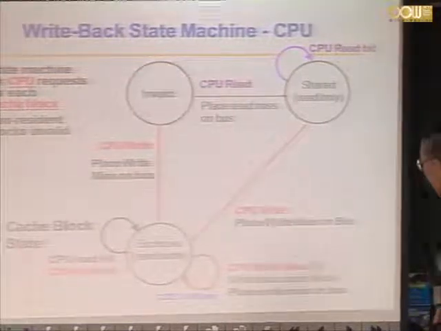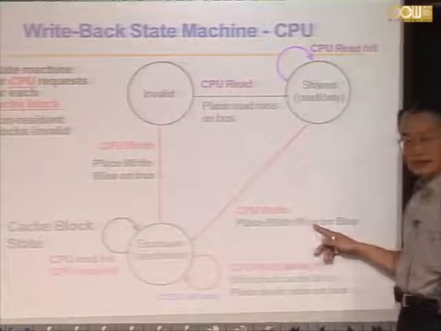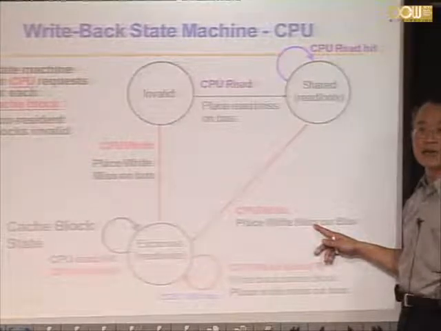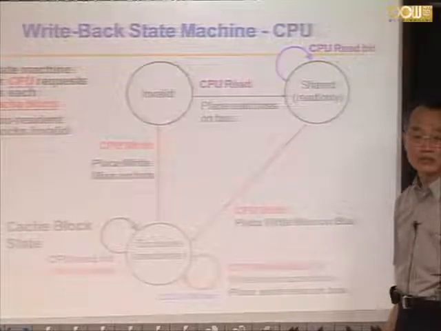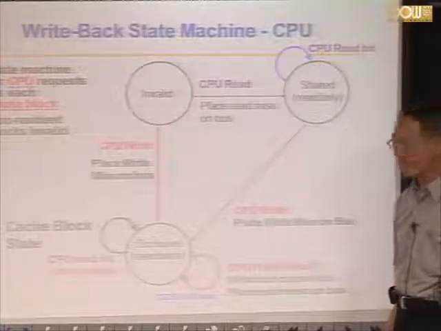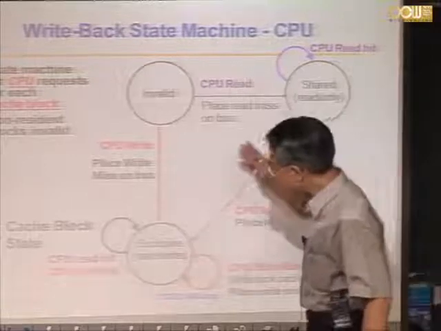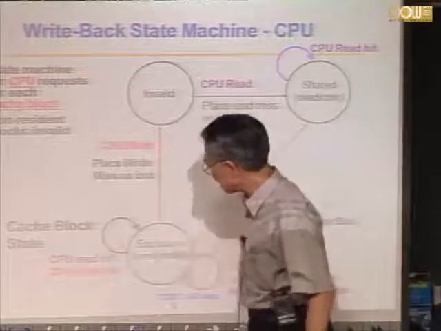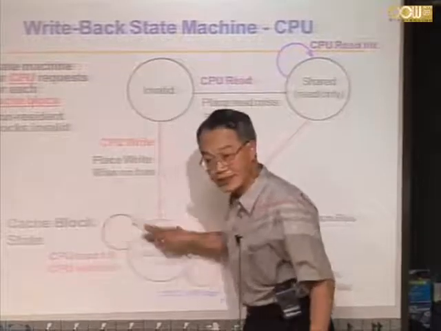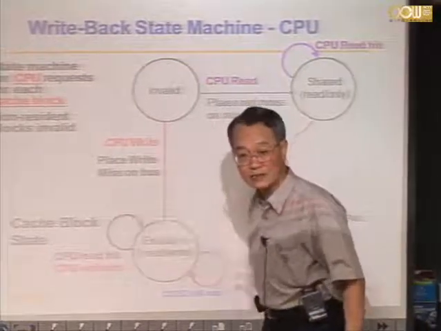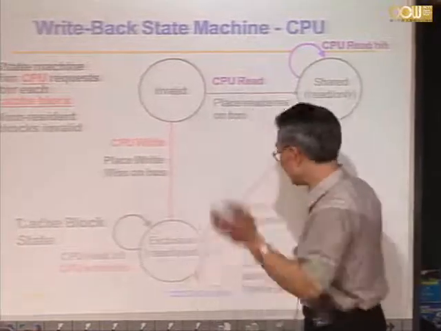Okay? So you may say, hey, it's not a write miss. But I'm telling you, hey, why don't you use the existing signal to serve this purpose? Okay, so as long as you're in exclusive state, you can do as many reads or writes internally without having to send out any signal.